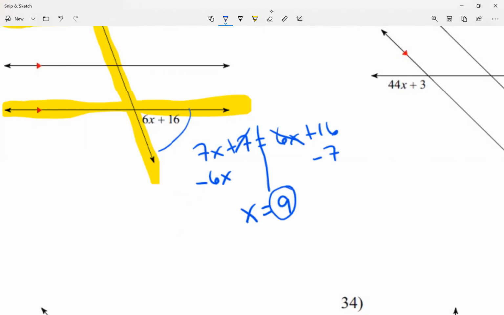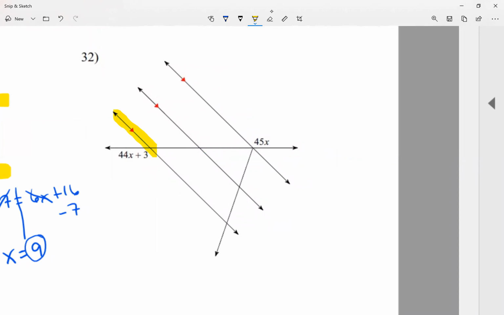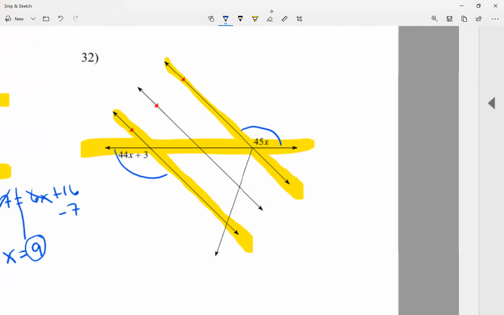Now looking at question number 32, what I want you to focus on is these two parallel lines with this transversal. Again, there are lines that are there just to be there. I'm looking at this angle with this angle.